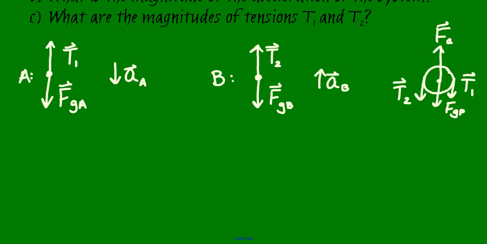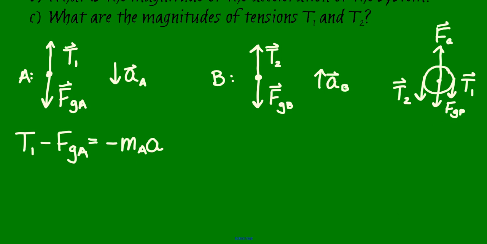And so I'm going to write some net force and net torque equations based on these diagrams. For block A, I have T1 upward minus FGA, minus because it's downward, and that's going to be equal to negative mass A times acceleration, negative because it's pointed downward. And I left off the subscript A on my acceleration because both A and B are going to accelerate at the same rate.